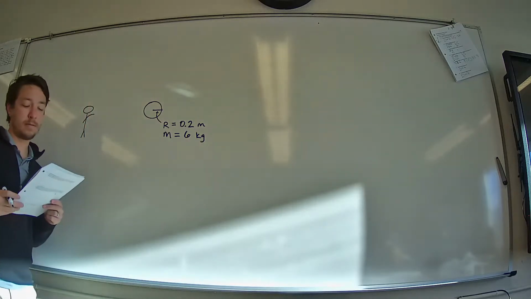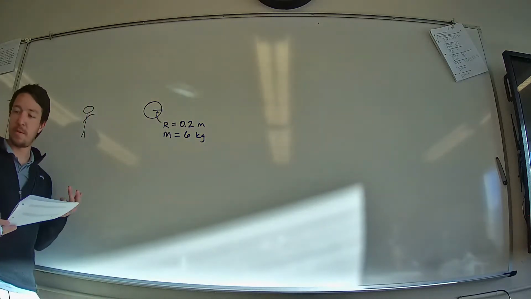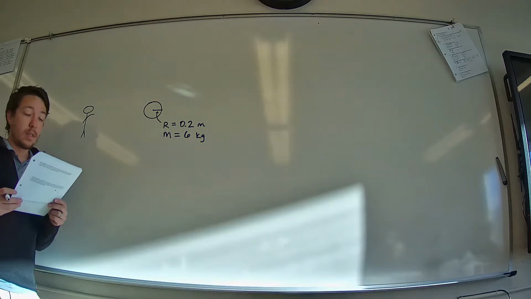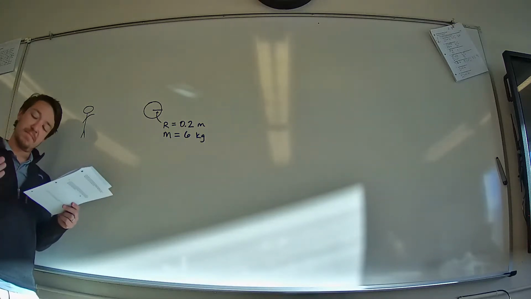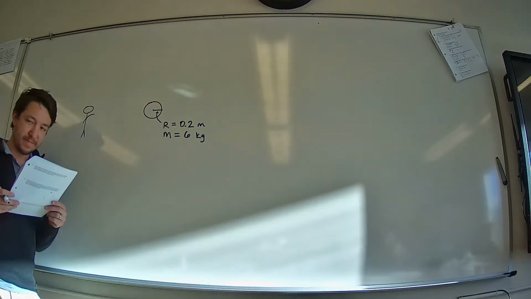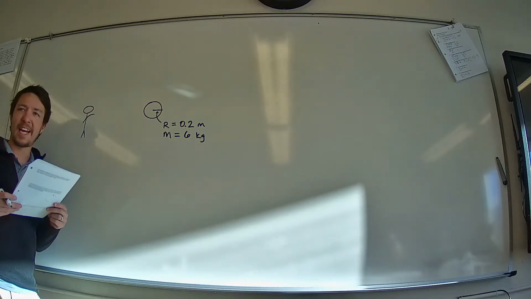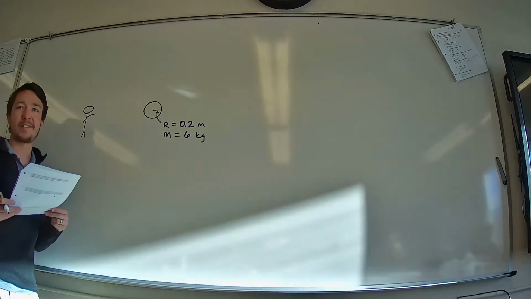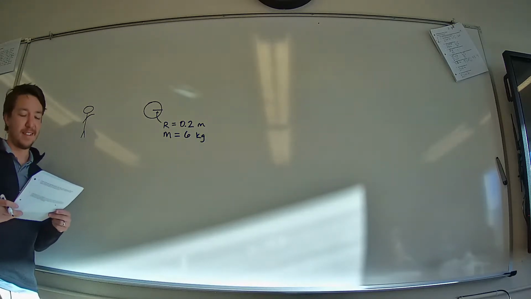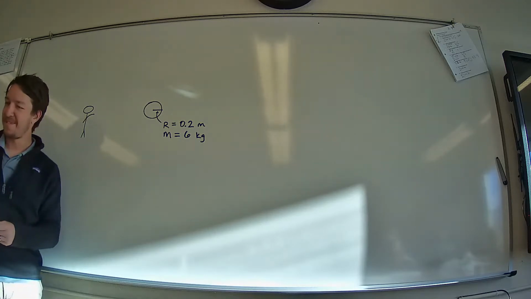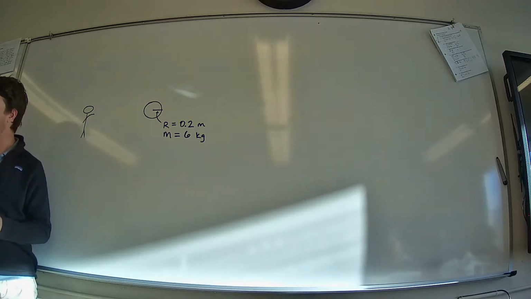And a bowling ball, we're going to treat it like a solid sphere. It's pretty close to a solid sphere. Those holes throw it off a little bit, but close enough.